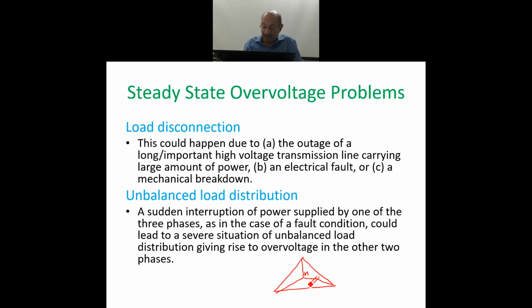If the neutral point is shifted, let's say somewhere here, then you can imagine these two voltages, when you draw it with the shifted neutral point to N prime, you can say this is your N prime, and then the voltages in the two healthy phases, as you can see here, will be higher than the normal rated voltage. These dotted lines are longer than the full lines adjacent to it.